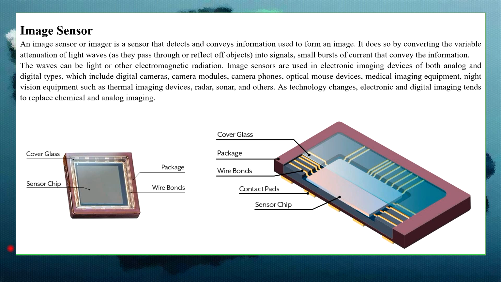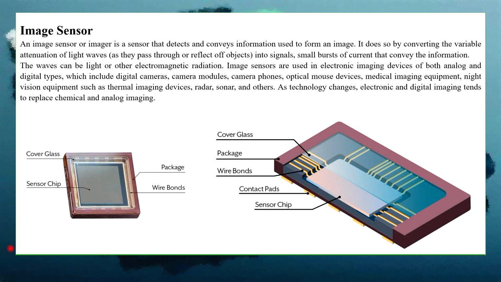Image sensors are used in electronic imaging devices of both analog and digital types, which include digital cameras, camera modules, camera phones, optical mouse devices, medical imaging equipment, night vision equipment such as thermal imaging devices, radar, sonar, and others.